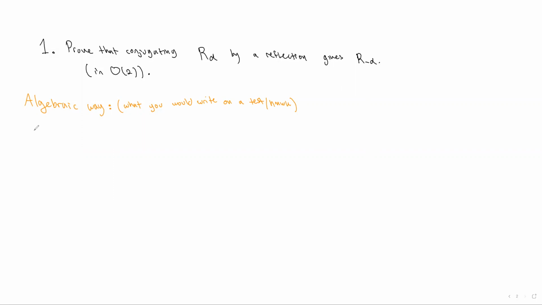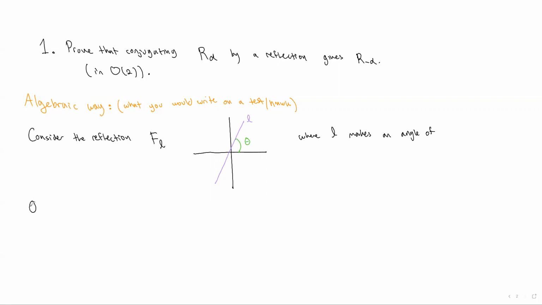So consider the reflection FL, and I'll draw L. Whoops, alpha is already an angle, so I'll make this theta, where L makes an angle of theta, or you could do pi plus theta, with the positive x-axis.